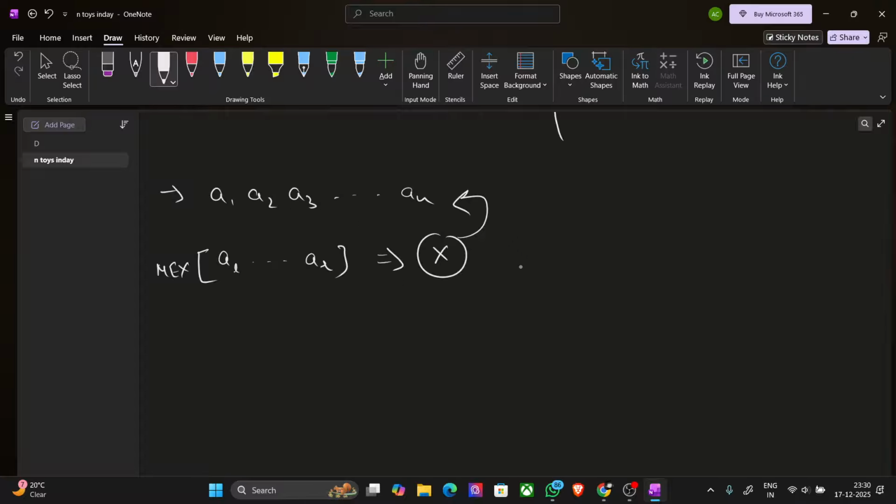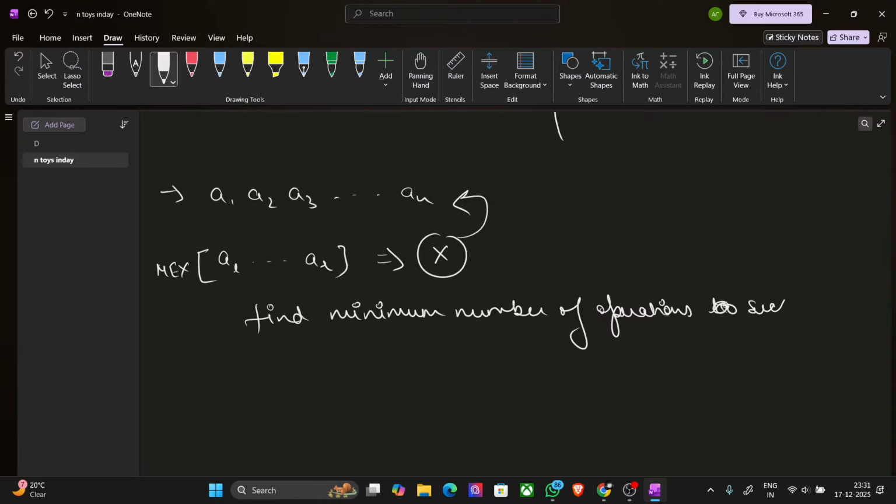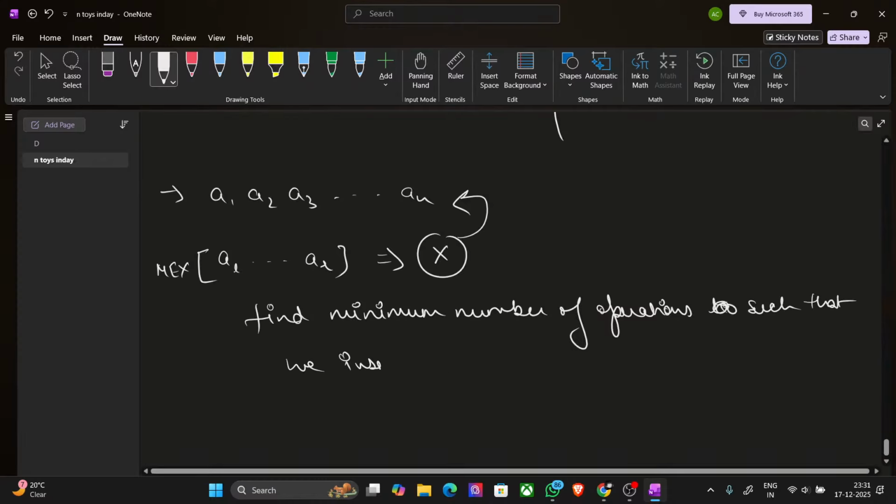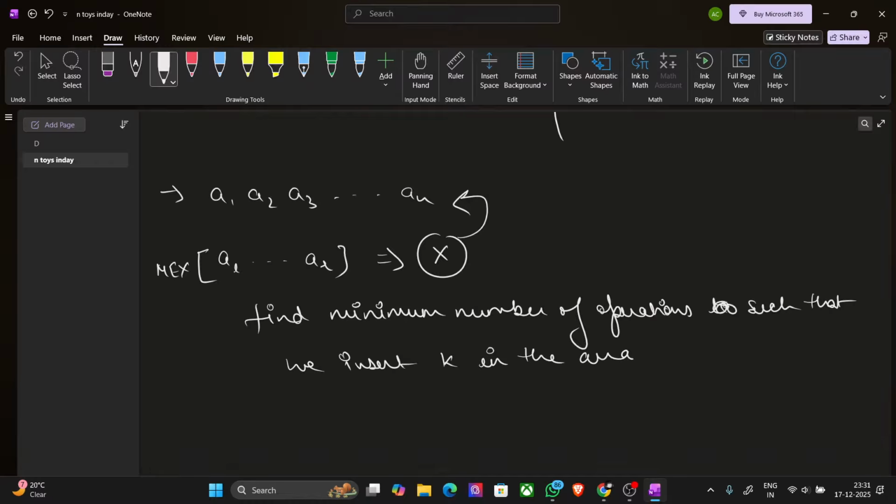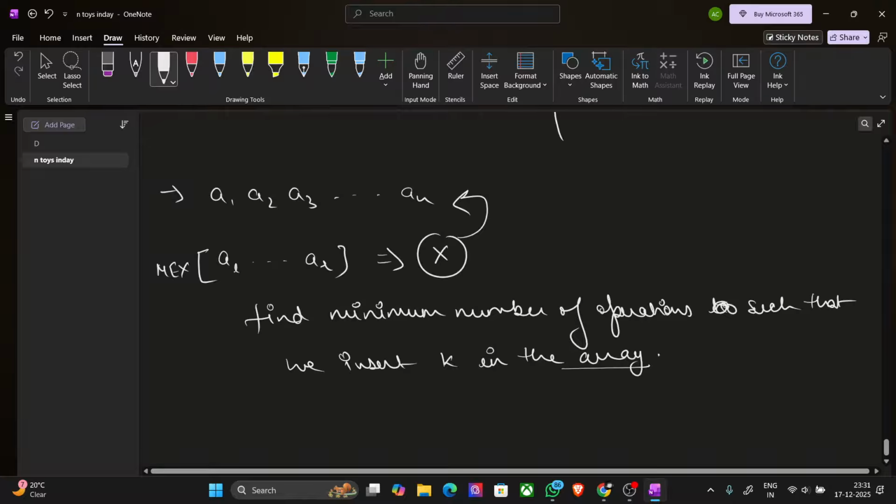And we need to find the minimum number of operations such that we insert k in the array, correct?